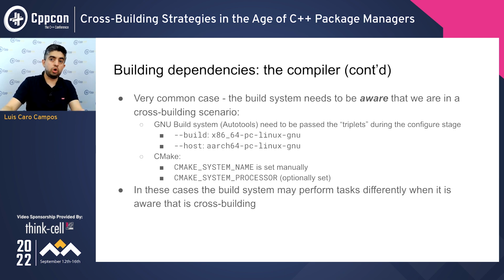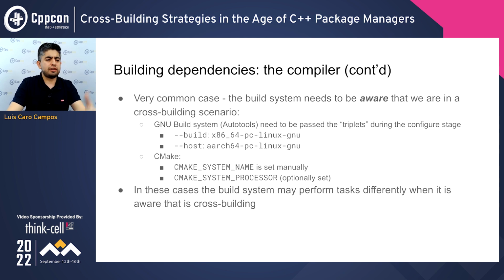So they will actually compile code and run executables just to maybe query for features of the compiler or the SDK or the system. Obviously, when your compiler is generating code for a different architecture that maybe you cannot run on your own machine, that's not going to work, right? So that's why this is needed.